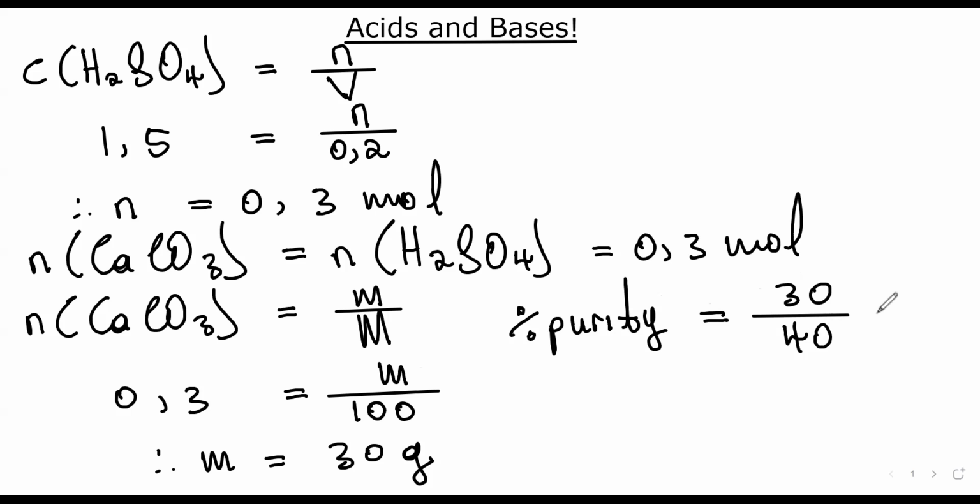So in this case, it's 40 grams. And then we times this by 100. And we find that the percentage purity will simply be 75%. So 75% of this entire sample consists of calcium carbonate.